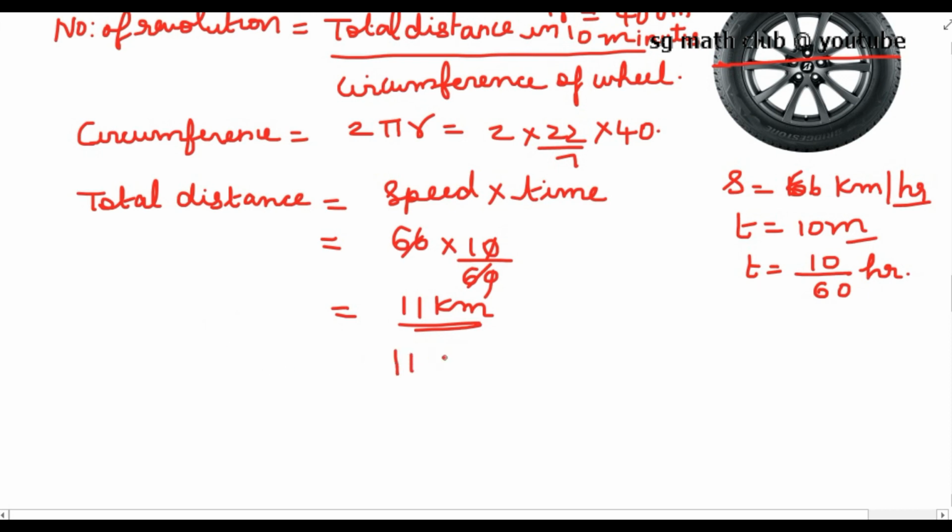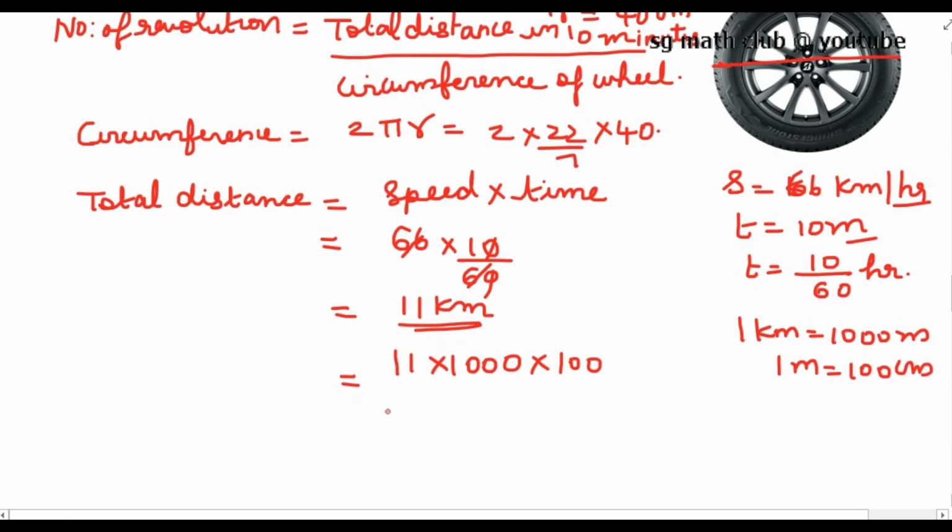So 11 into 1000, now I got meters. Again, 1 meter is equal to 100 centimeter. So I have to multiply by 100, then only I can convert this answer into centimeters. So it is equal to this much centimeters.